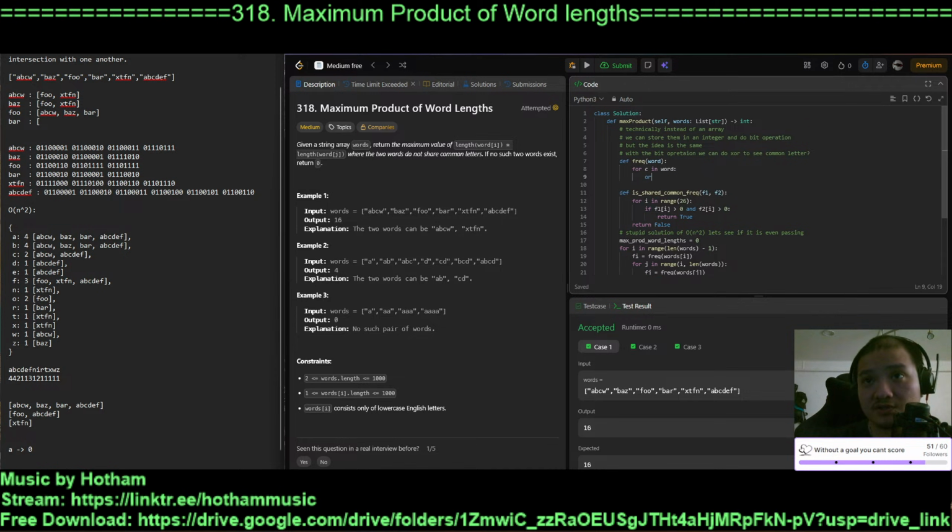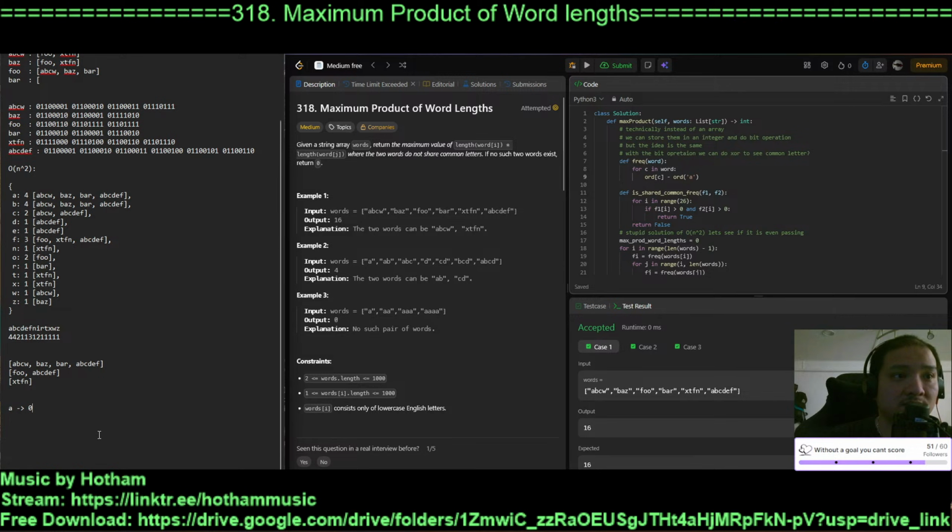So ordinal of C minus ordinal of A. This will give the bit position, right? If we do, let's say ABC, we want to store the number as 111.